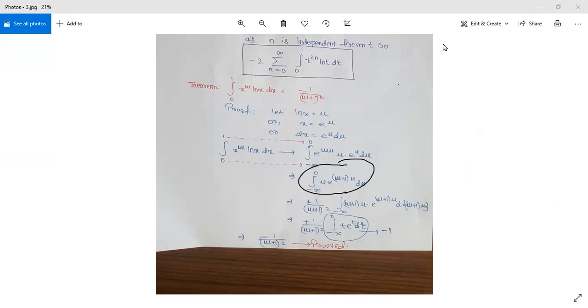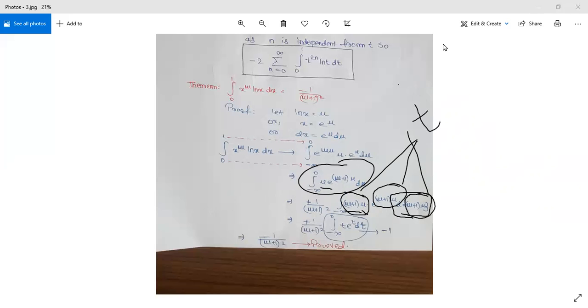Now, to keep things neutral, I need to multiply again by (m plus 1) whole squared. So I have taken one (m plus 1) attached with this u, and another (m plus 1) attached with the derivative part here. Now, as you can see, this is the same as this, and this is the same as this. So we can take them as the same variable t.